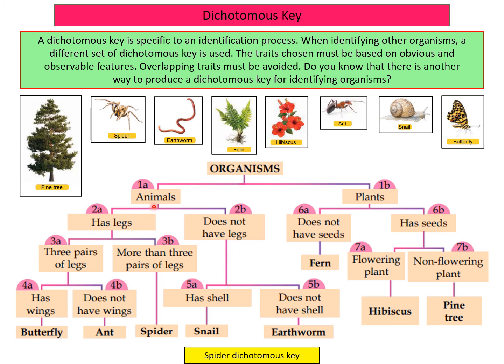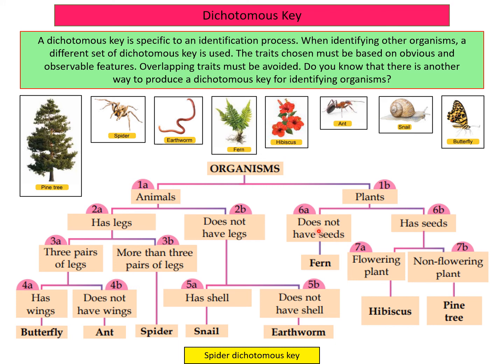Okay, we look at another example. Spider. Spider is an animal. Spider has legs. 3 pairs of legs or more than 3 pairs of legs? Of course, spider has more than 3 pairs of legs. So spider is here again. We look at ferns. Fern is a plant. Does not have seed or have seed.